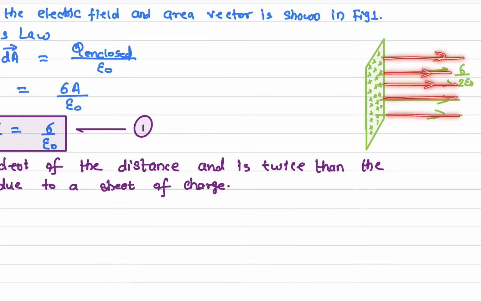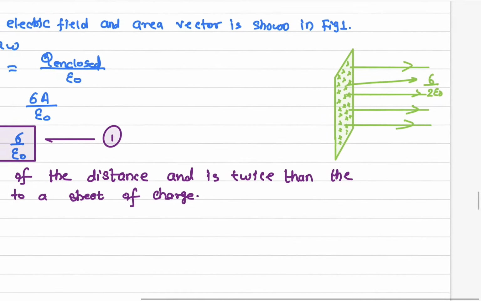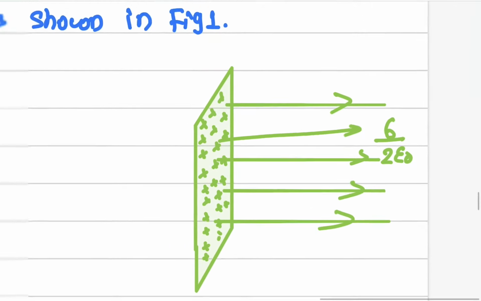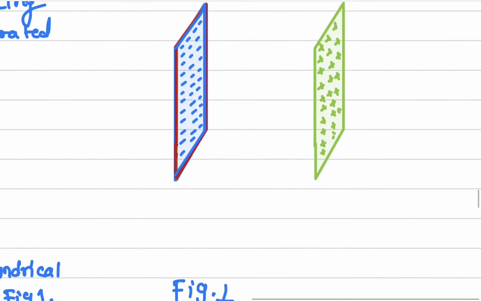And the direction of the electric field is always outwards if you have a positive plate. What you have to notice here is that this electric field is independent of the distance. It does not change with the distance, and the electric field is always perpendicular to the surface.